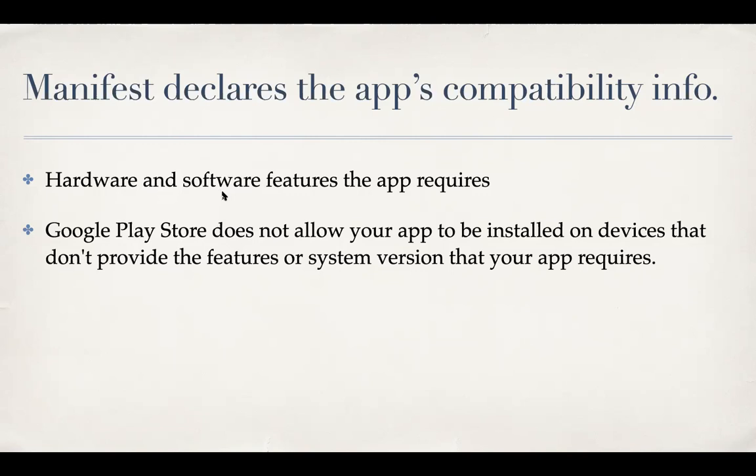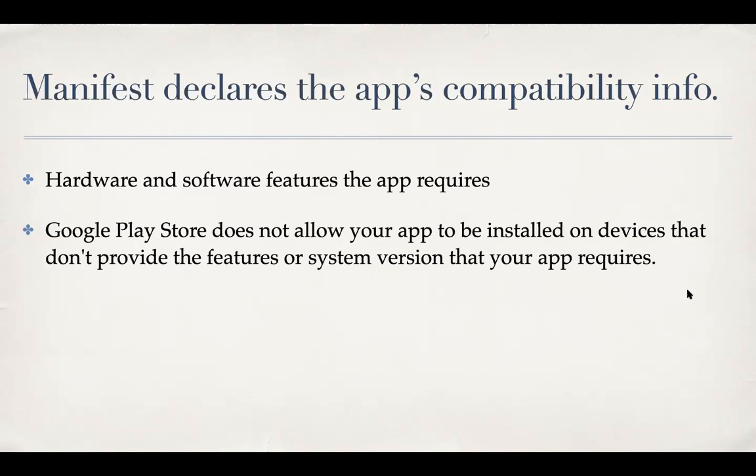Another aspect is, of course, software features, which could mean a specific API version. So apps that don't support features for, say, the latest API should not be installed on a device that is running the latest API. Okay? So again, these things can be specified in the manifest, and they'll be checked at the time of install, and will be either available or just not available to be installed on those devices.